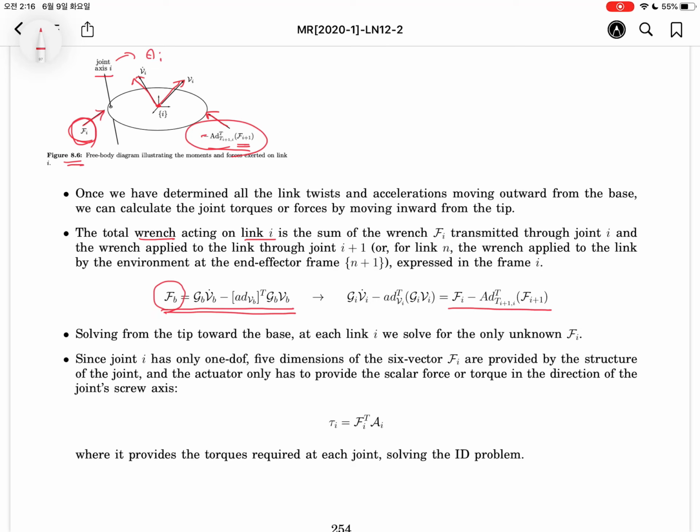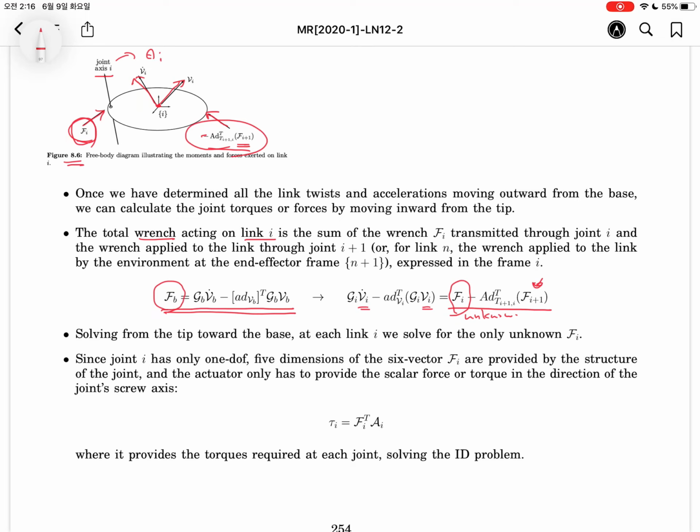In the forward stage, we have determined V_i and the acceleration. In the backward stage, F_{i+1} is given and F_i is unknown. So in the backward iterations, we will determine every wrench from the last to the beginning.